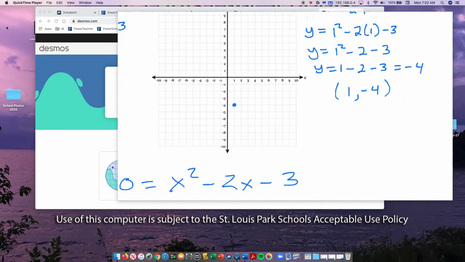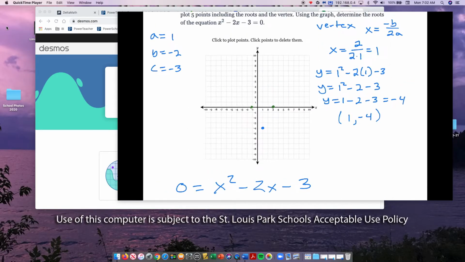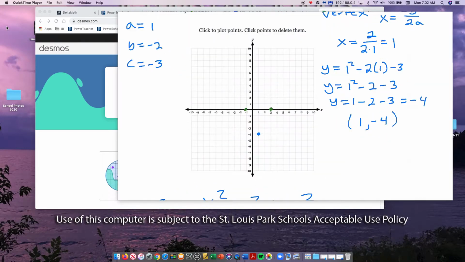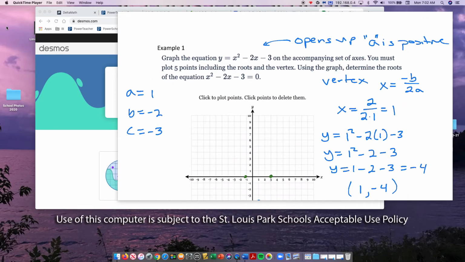So we can go up to here and go, okay, negative 1 is one of the roots, it crosses right there. 3 is another root, it crosses right there. That tells us that in this problem we need to plot 5 points.